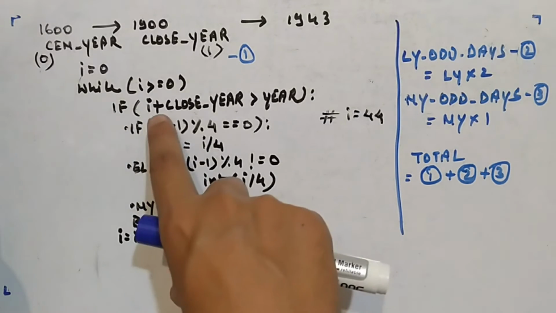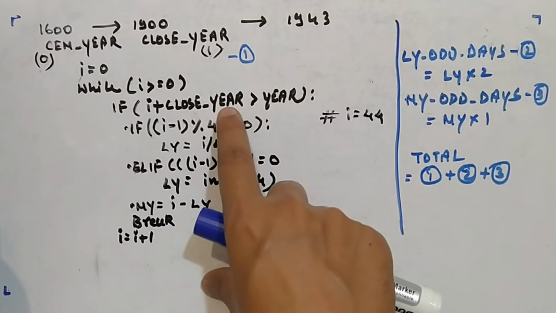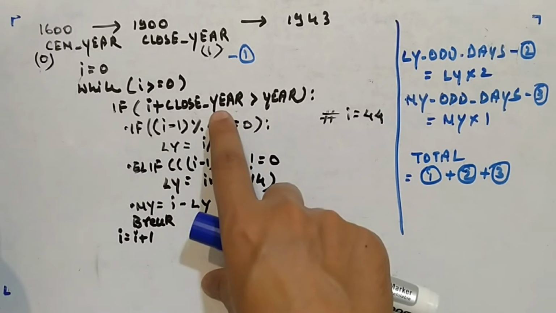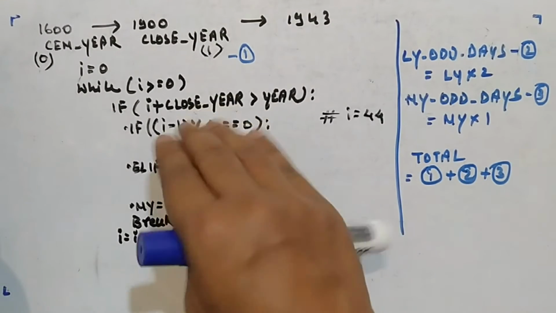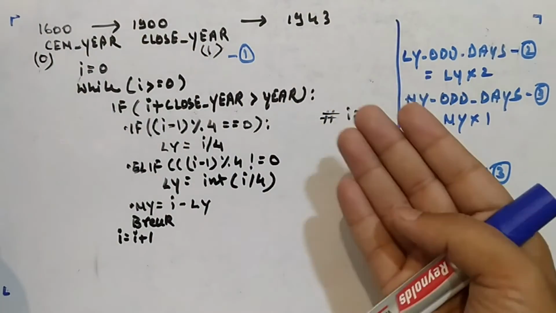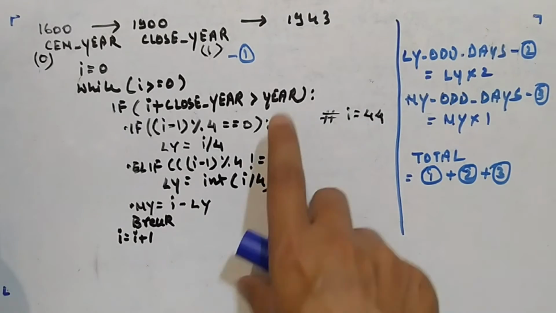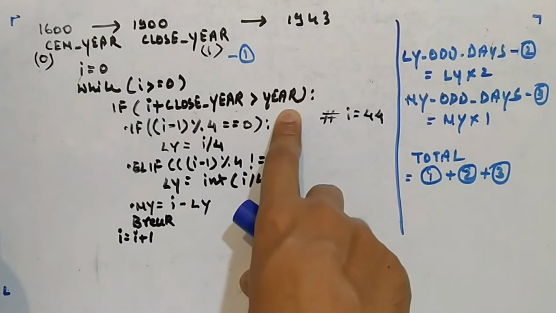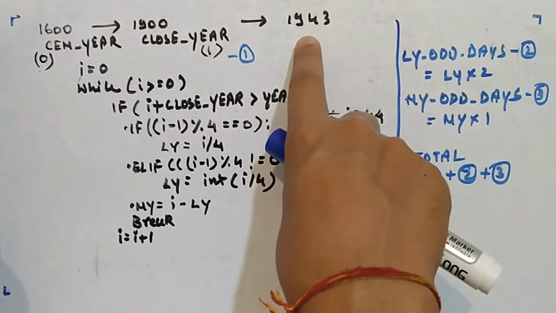It will check I plus close year, that is, it will keep on increasing the value from 1900 to 1901, 1902, 3, 4, 5, and check whether it is greater than your given year 1943 or not.